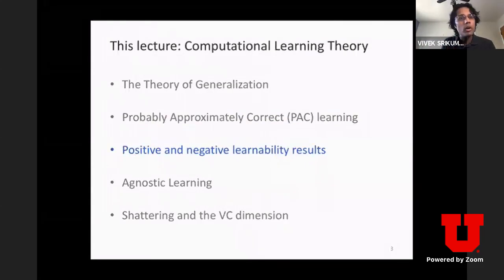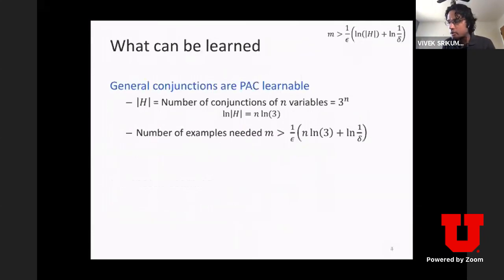So what the theorem gives us is a tool. The question for the first part of today's lecture is, given the tool, what can we discover? We'll look at some positive and negative learnability results. We'll look at a few examples where we just apply that theorem directly, and then I'll list out some more results, and we'll see where it goes.